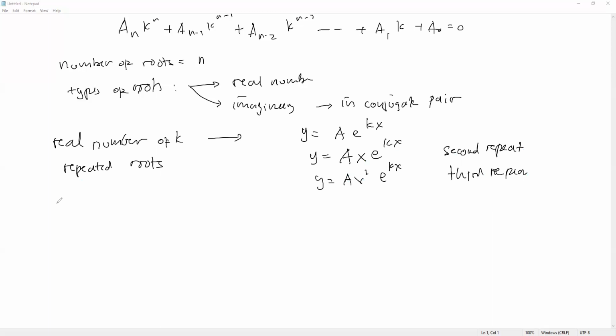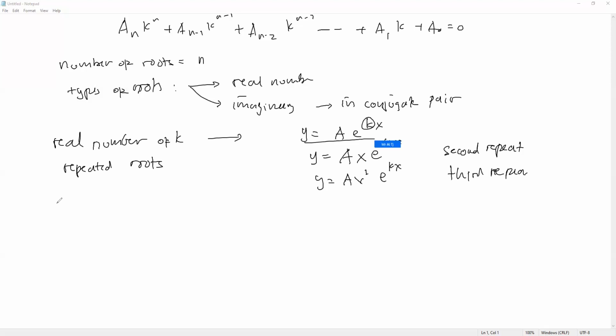Okay, so if you have a real number, go back to the original question. The answer will be y is a times e to the power of that value of k here. The k is going to be a real number. If they are repeated roots, this is the first root.